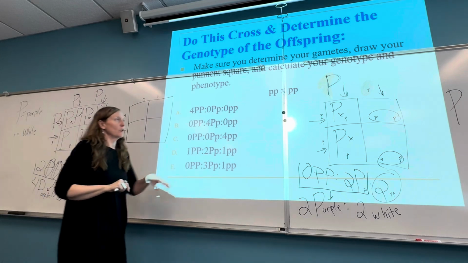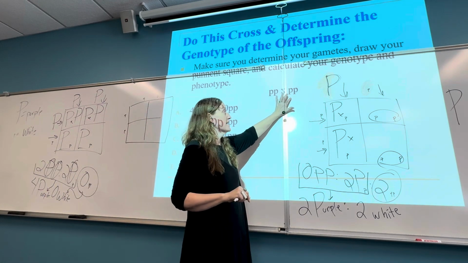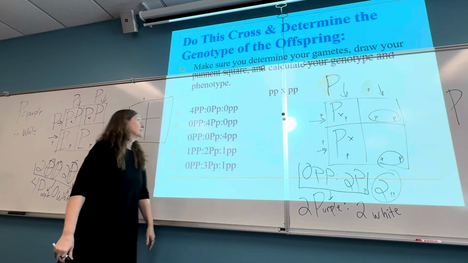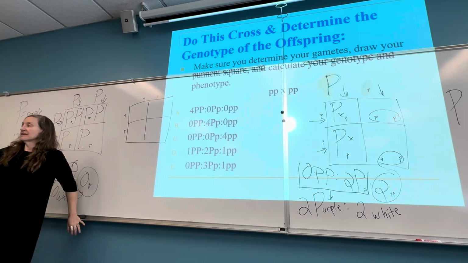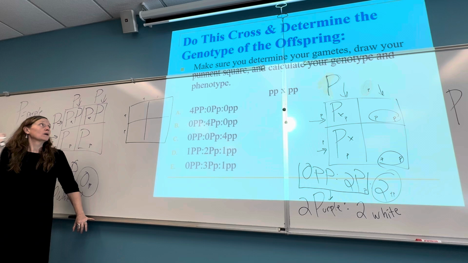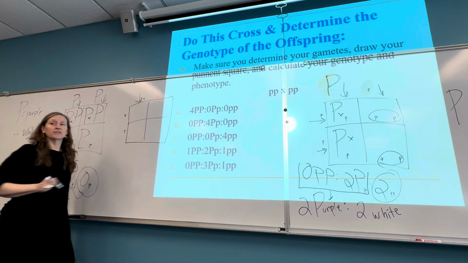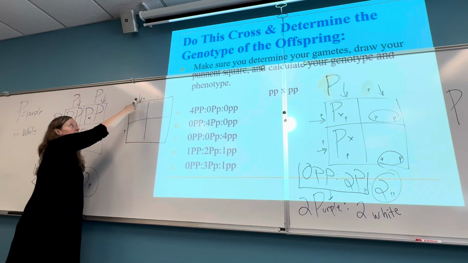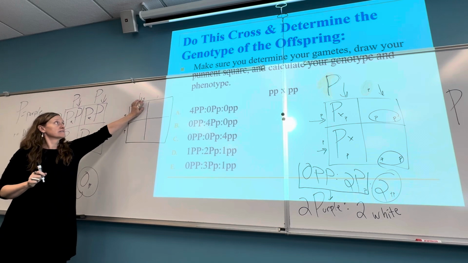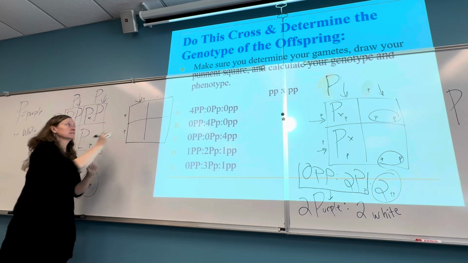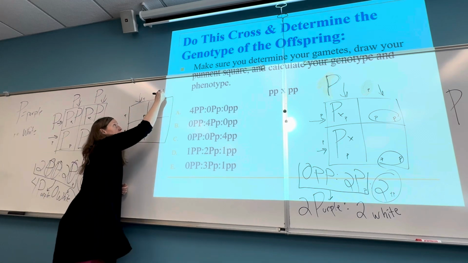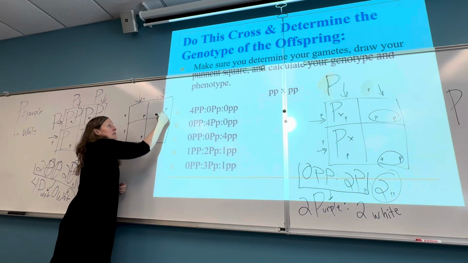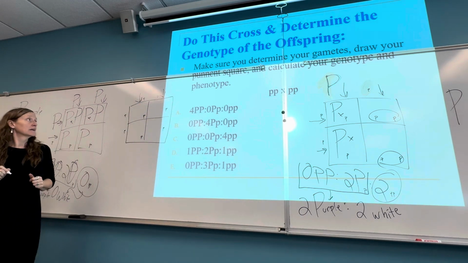If both parents are only contributing the recessive alleles, the only thing that kids can get are recessive alleles. So let's show that in our Punnett square. And again, what I like to do is when I have a recessive allele, just in case, I put it in the back. And here again, put that in the back.